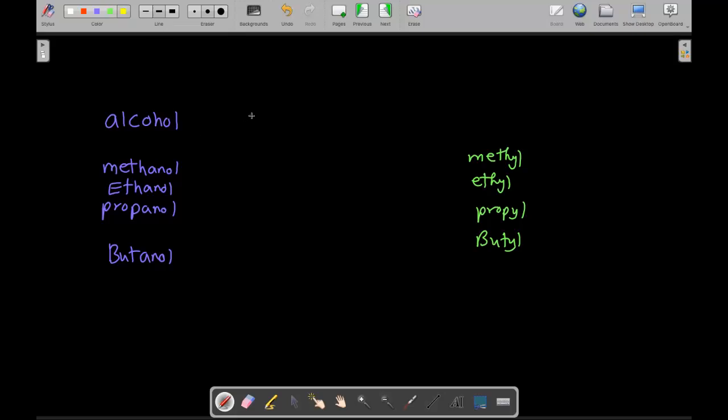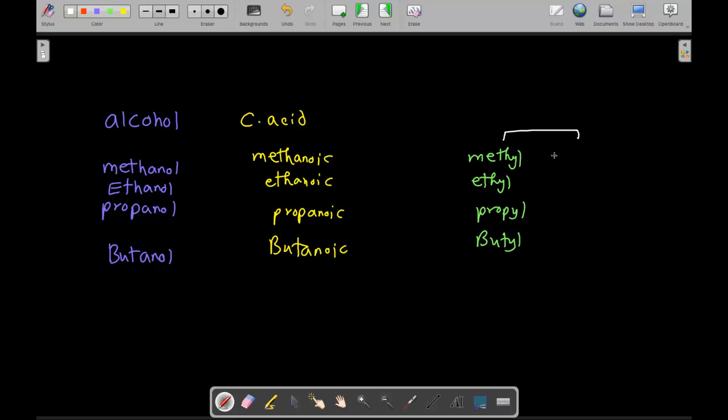And if you have the carboxylic acid as methanoic, ethanoic, propanoic, butanoic, you will get the name of the ester part as methanoate, ethanoate, propanoate, and butanoate, and then you can mix like you want.